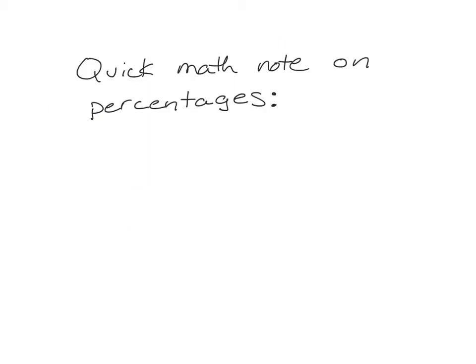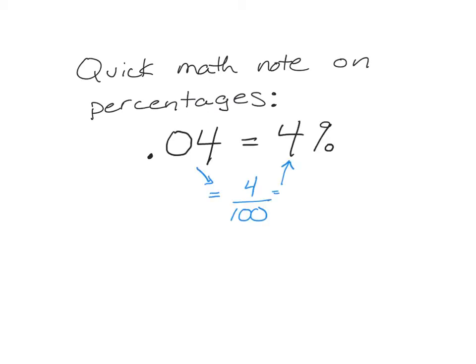So just a quick math note on percentages. 0.04 equals 4 out of 100, which equals 4%. So 0.04 and 4% are the same. And you probably remember being told that if you have a number and you want to convert it to a percent, you take the decimal and you move it over 2 spots.